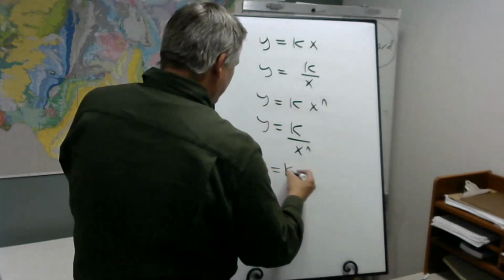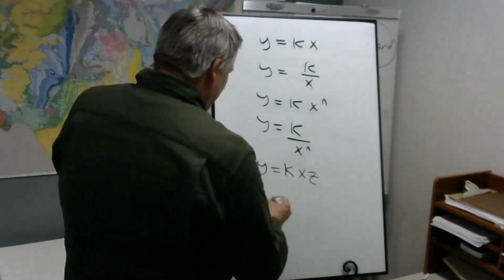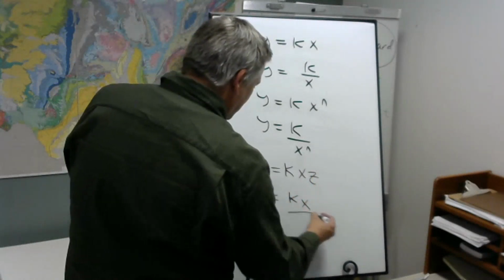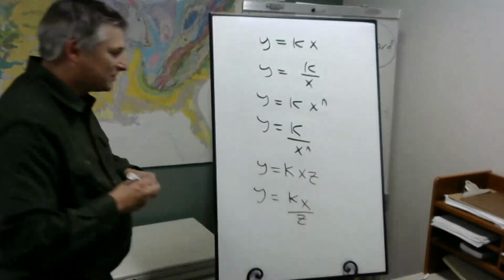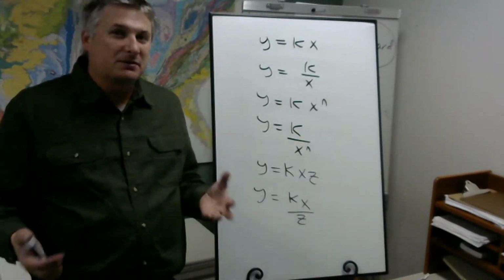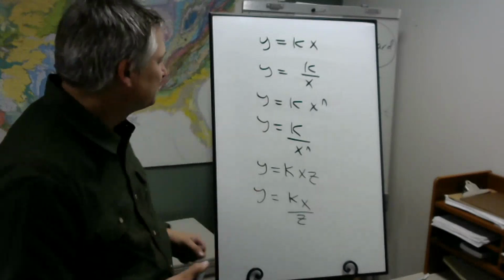We could have joint variation. And we could have combined variation: some direct variation and some inverse variation. And these are all ways of modeling some kind of relationship, some kind of phenomena in the natural world.